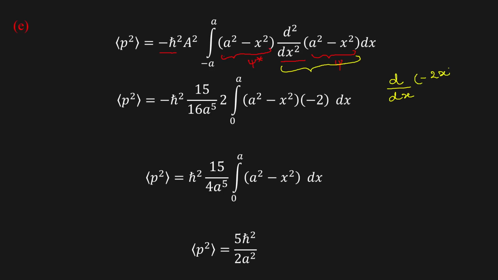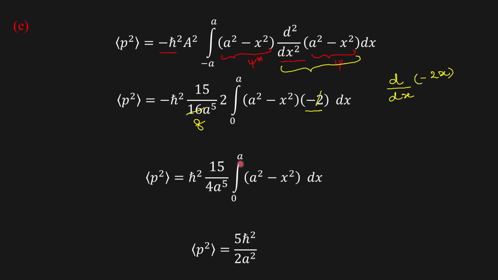If you differentiate this again, then you will get minus 2. That's what I have written here. So this minus of minus will become plus, and this 2 will get cancelled with this 16, which will become 8.